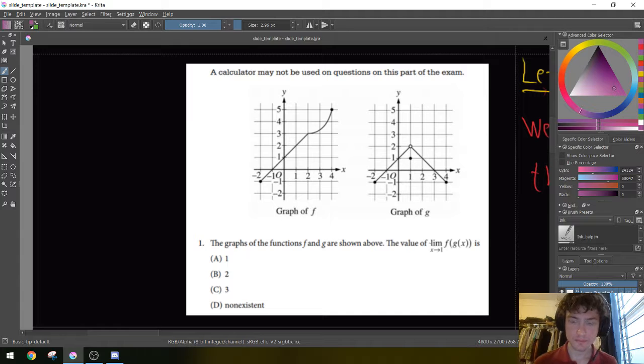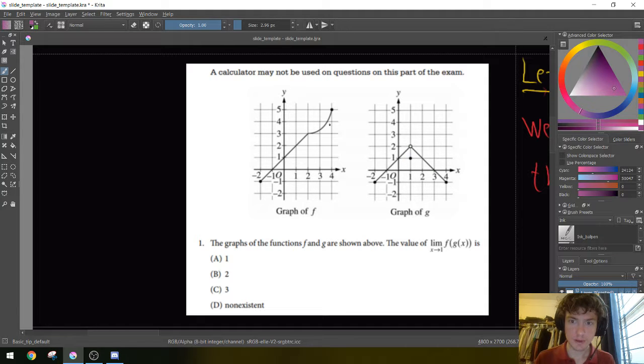Okay, is this... No, this is just 2. Can you walk me through how you got to 2? Okay, it seems like we're just finding... So can we simply insert 1 into the g of x? No, I don't know.